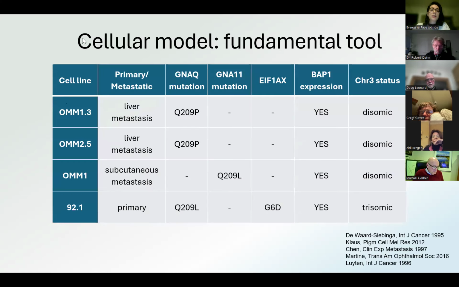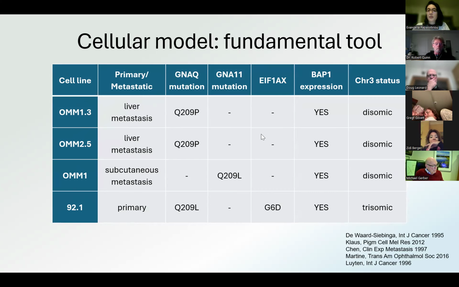And so like every fundamental research, we start with a cellular model that helps us to work in a standardized environment. For example, for my research during my PhD, I used these cell lines that derive both from human primary disease or metastatic, either from liver or skin metastases. They harbor different types of mutations, as you see here.